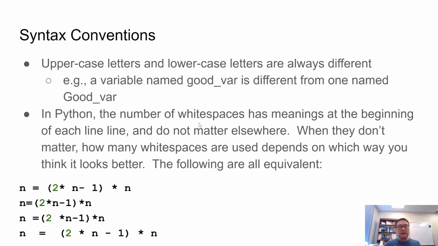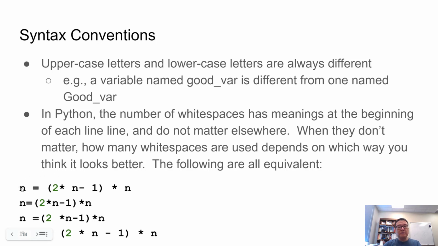Another syntactic convention is about white space. In Python, the white space at the beginning of a line actually has important meaning. For now, we'll just start every line at the very beginning. In the next example problem, we're going to see cases where we need to add some white space at the beginning of the line.